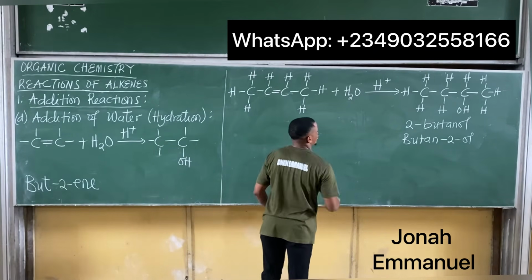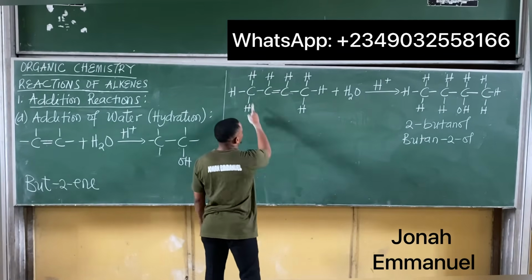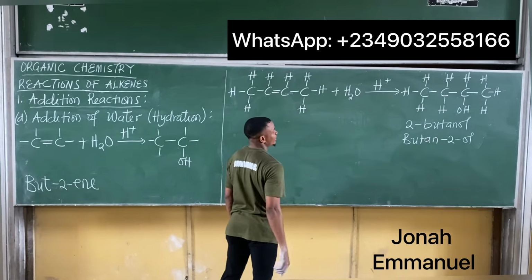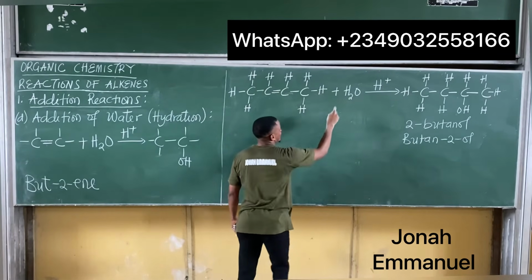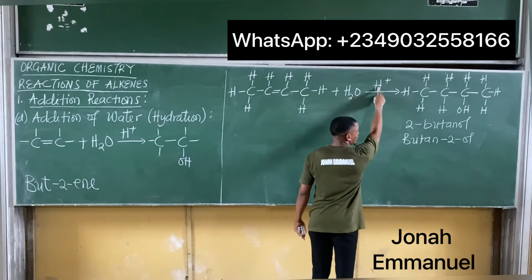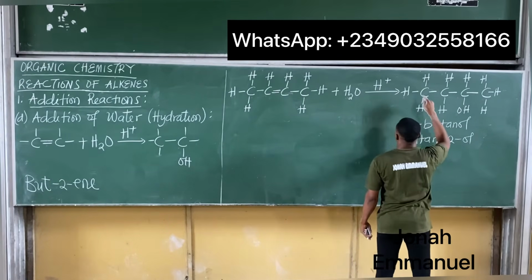How many oxygen? 1. How many carbon? 1, 2, 3, 4, that's complete. How many hydrogen? 1, 2, 3, 4, 5, 6, 7, 8, 9, 10, then this one, 11.